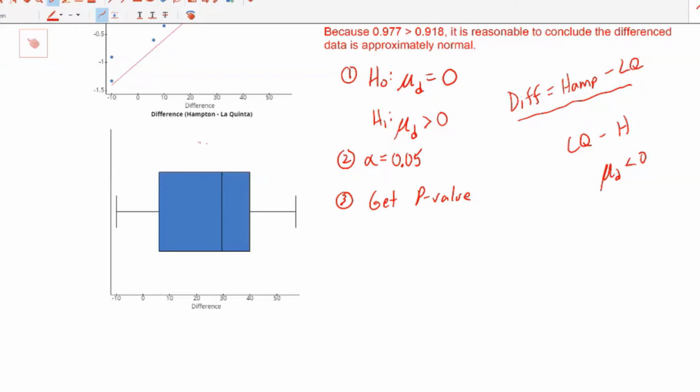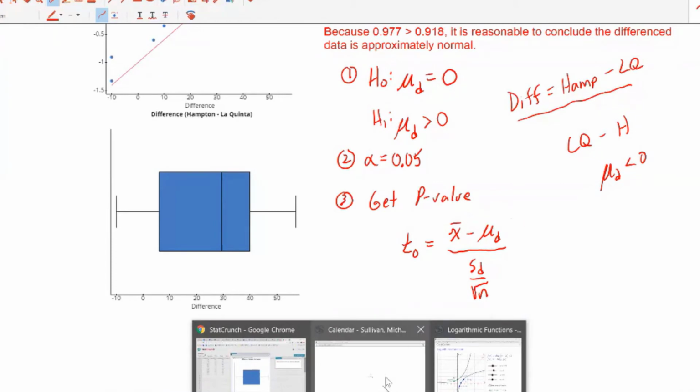To get it by hand, we need the t-test statistic: x bar minus the mean stated in the null hypothesis, divided by the standard deviation of the differences over the square root of the sample size.